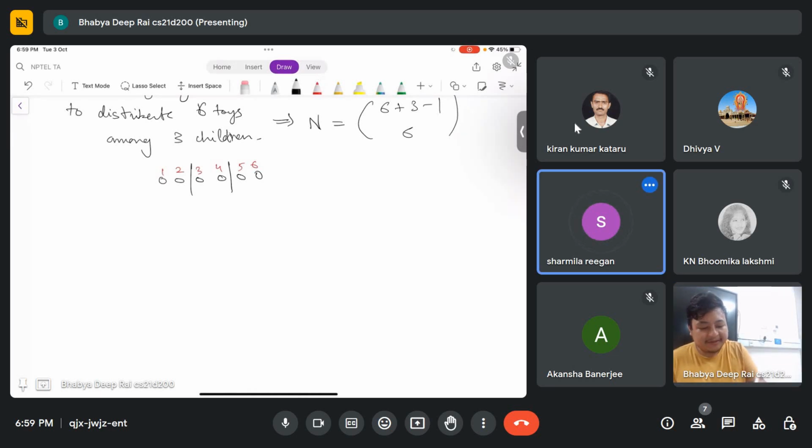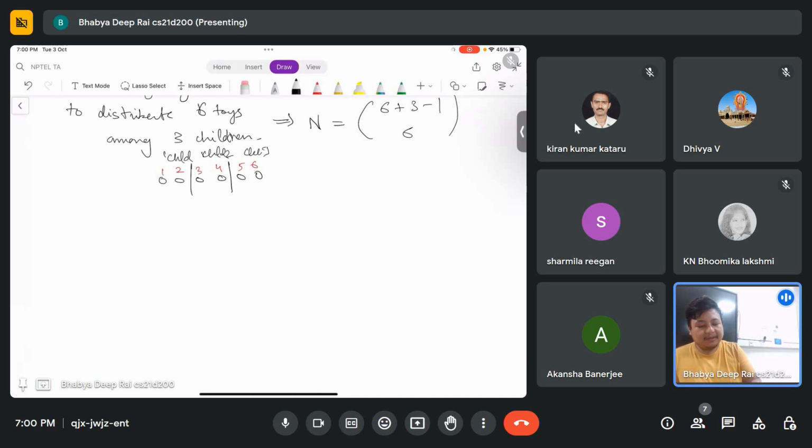For the sticks method, the first child is getting 1, 2. Okay, this is child 1, child 2, child 3. This is how you place the sticks now.